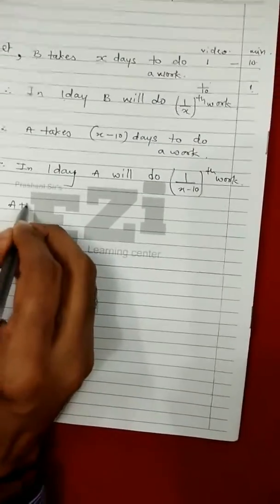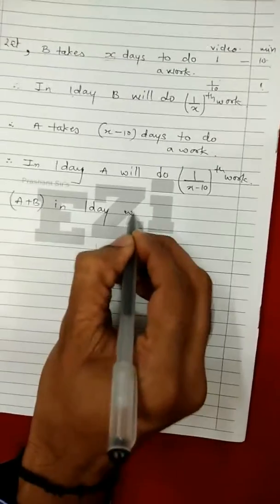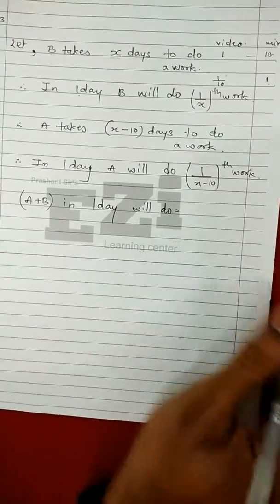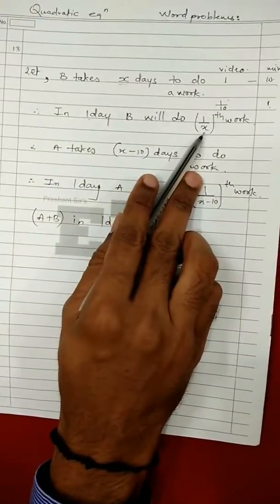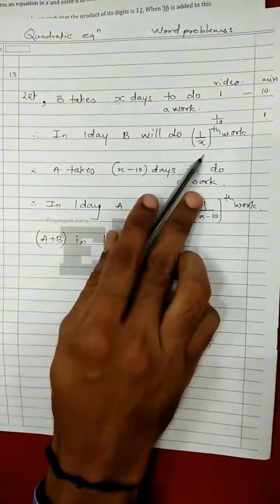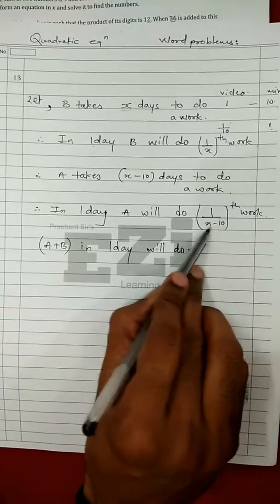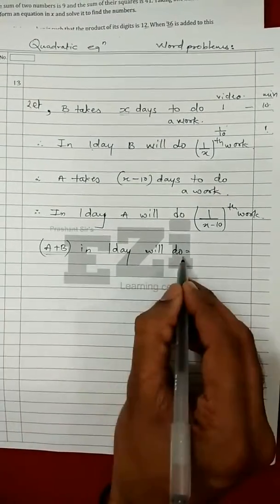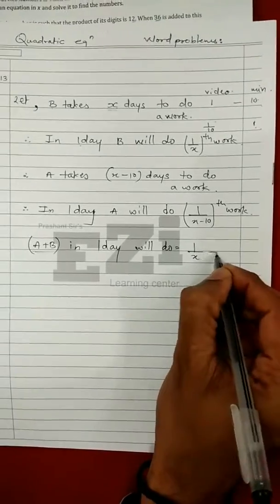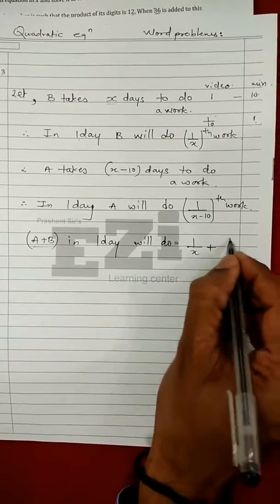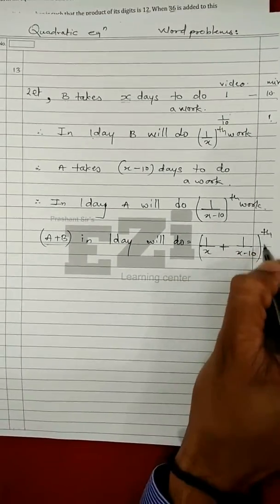So A plus B in 1 day will do 1/x plus 1/(x minus 10) work, isn't it?